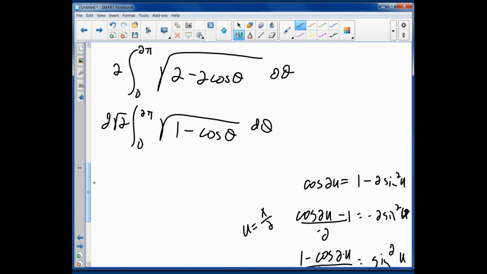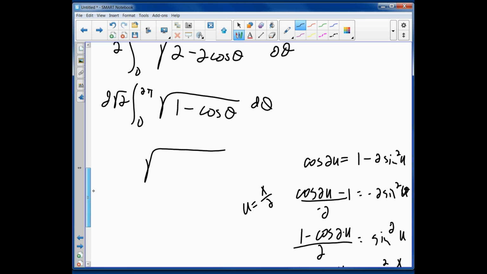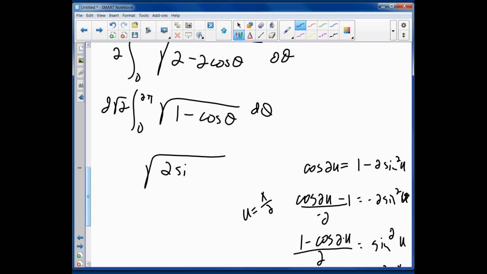So I have to have a 1/2 out here. In the radical, you get another 2, so the 1/2 and 2 cancel out, and the radicals combine to make it 2 outside the integral, right?